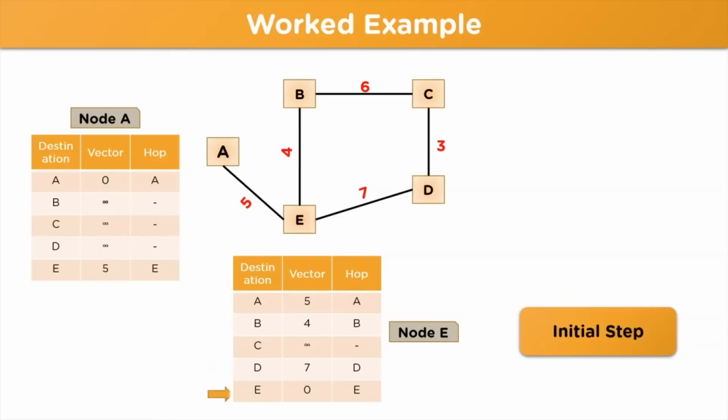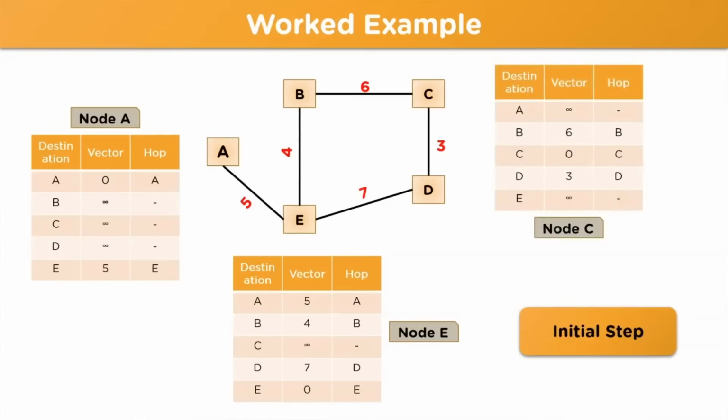And lastly, destination E from initial point E would be 0. Now let's make another routing table similarly for node C. Using the same steps, you can make the routing table for the remaining nodes, that is node B and node D.